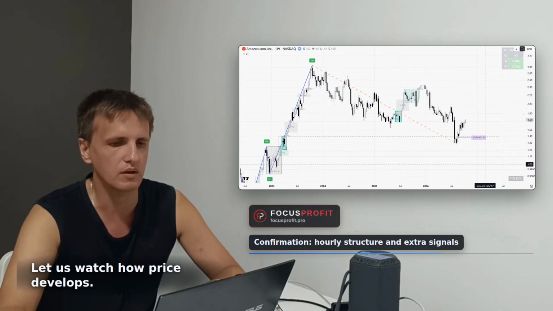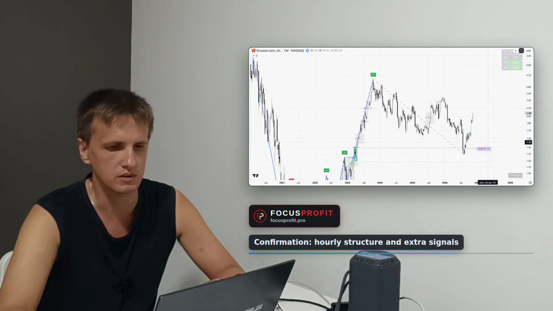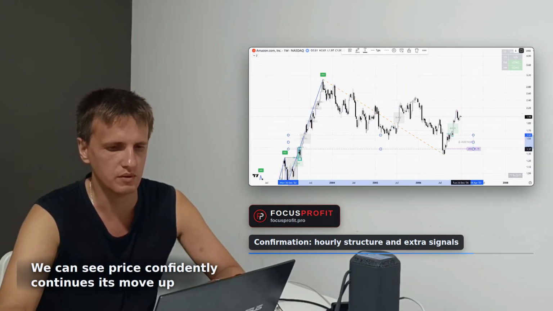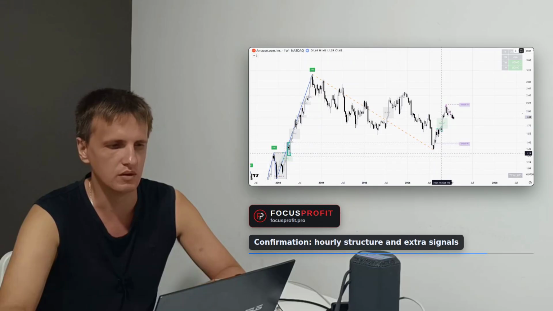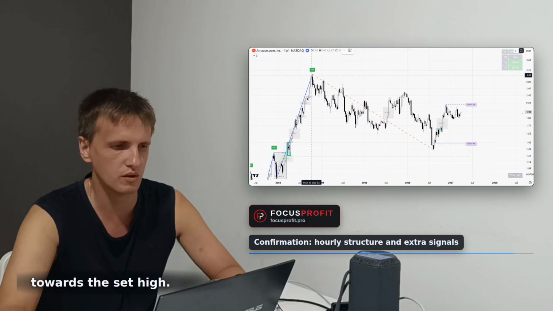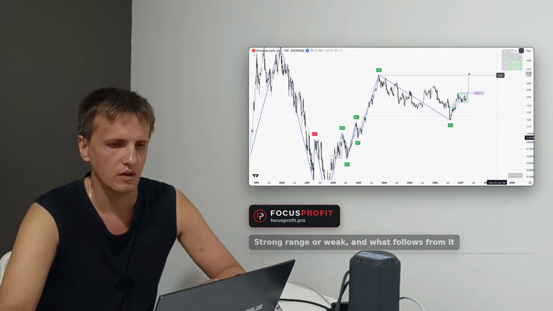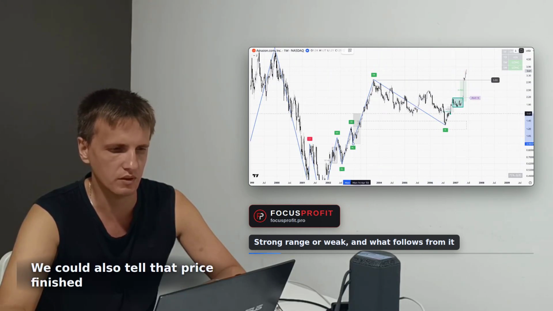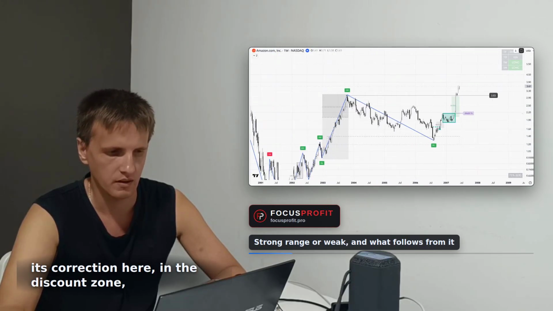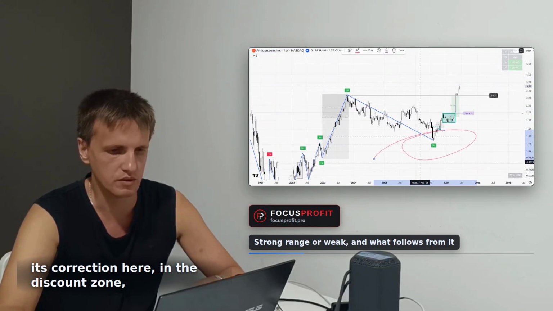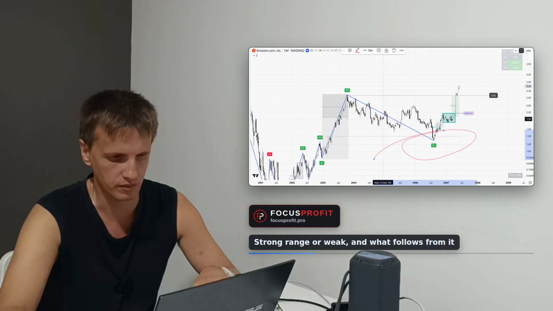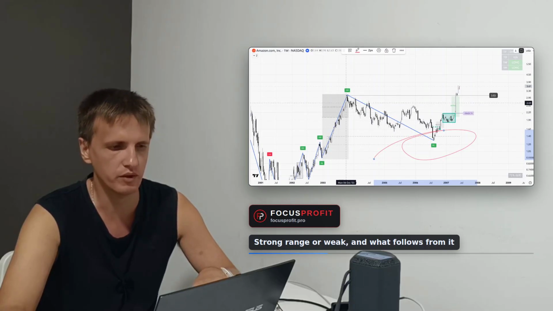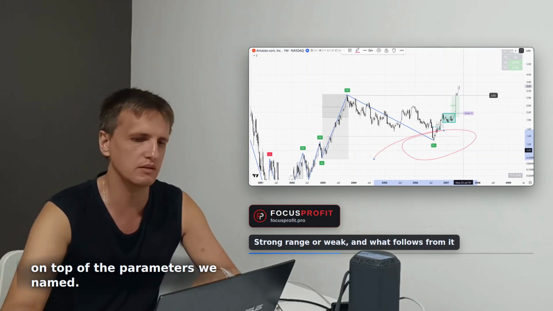Let us watch how price develops. We can see price confidently continues its move up towards the set high, and it completes that move. We could also tell that price finished its correction here in the discount zone on top of the parameters we named.